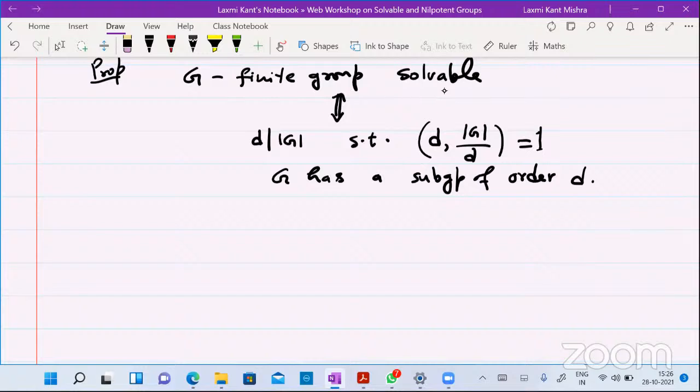What I have told is that G is a finite group and soluble.